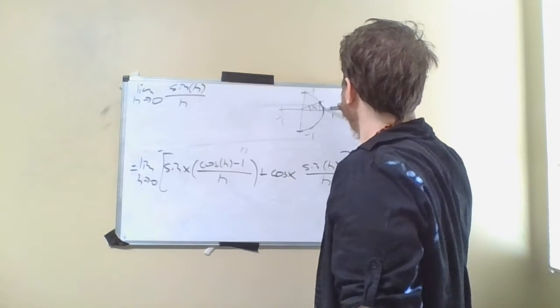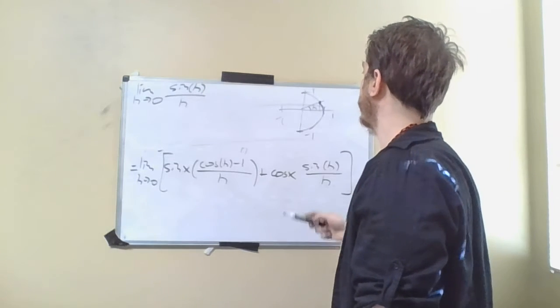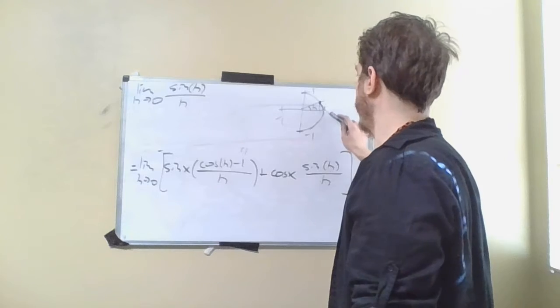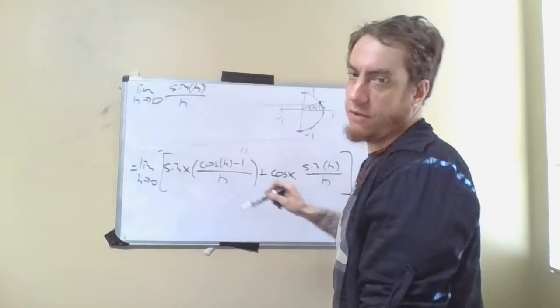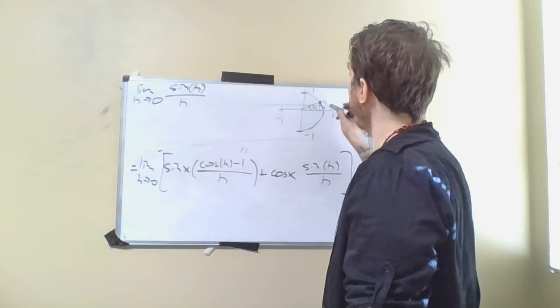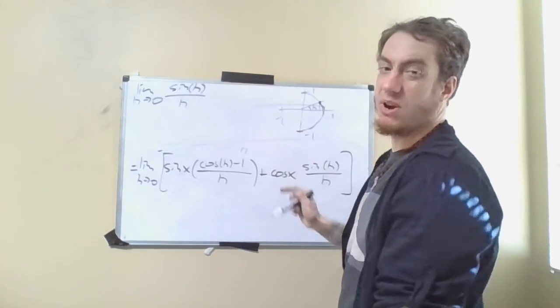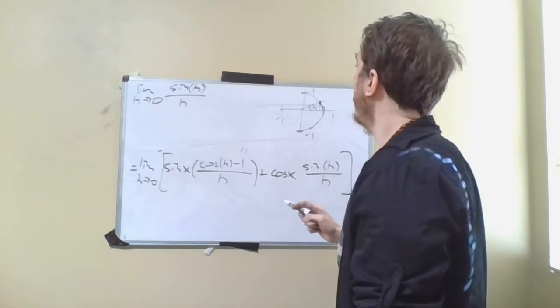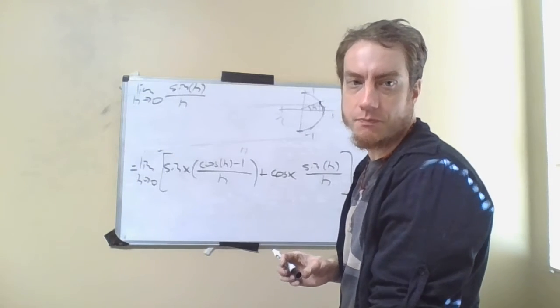And if the angle is very, very small, then the height is almost exactly the same as the arc length here, which is the angle. The angle is the arc length if we're measuring this in radians. And so that means that sine h and h are very, very close to each other. And so we might expect that this ratio ought to approach 1.